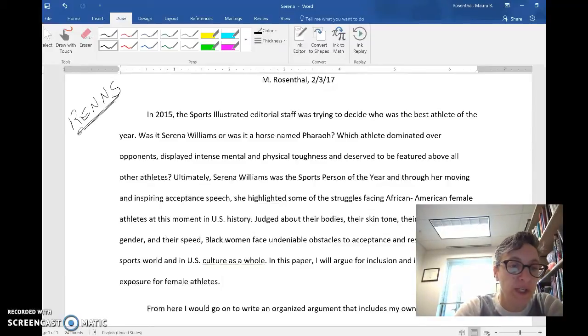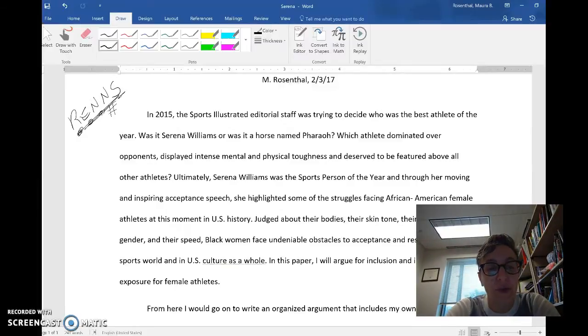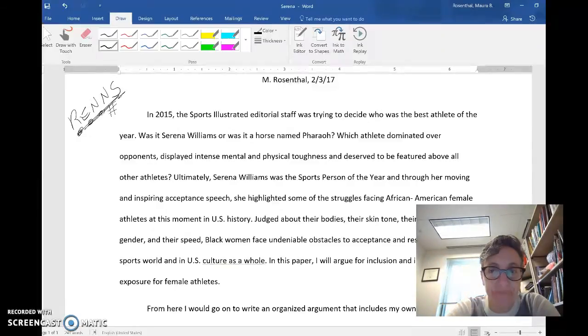So the R stands for reasons, the E stands for examples, N is names, the other N is numbers, I'm going to put that symbol, and the S is senses. So let me show you what I mean in this paragraph.